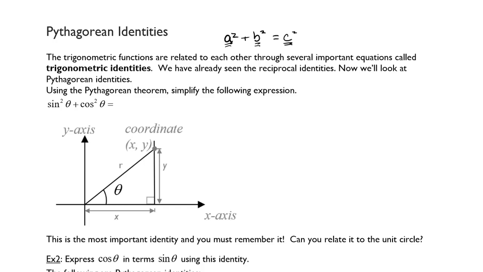The basic idea here is to recognize that when you're looking at the x coordinates, that's like your cosine. And when you're looking at the y coordinates, that's like your sine.